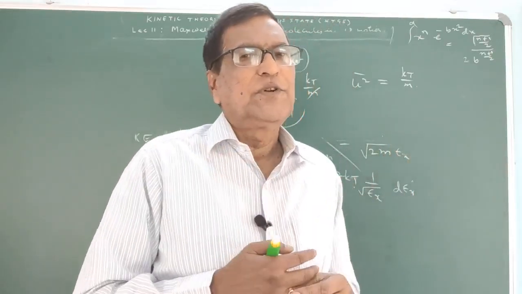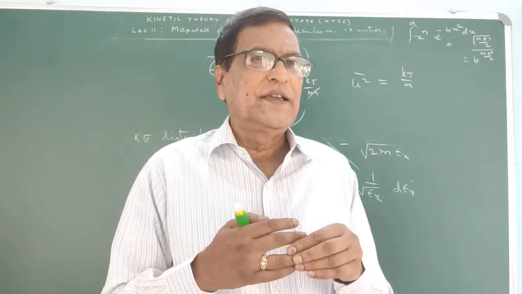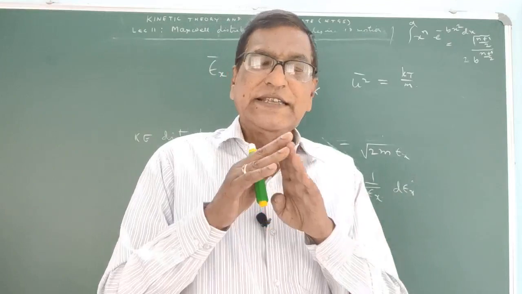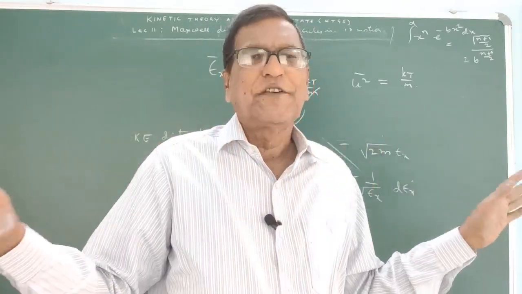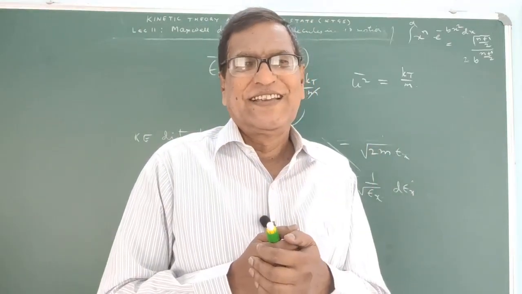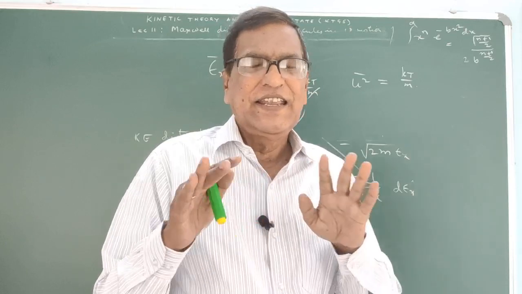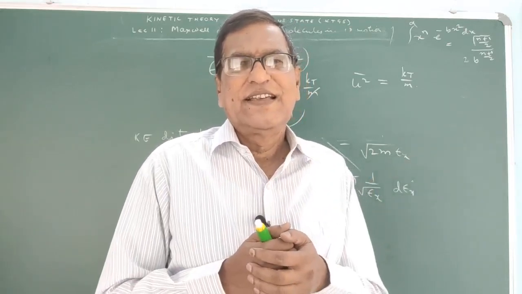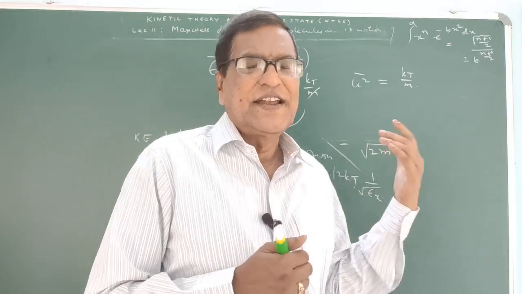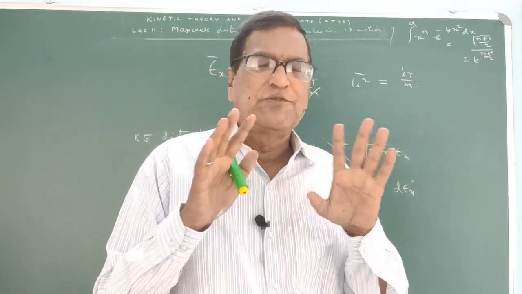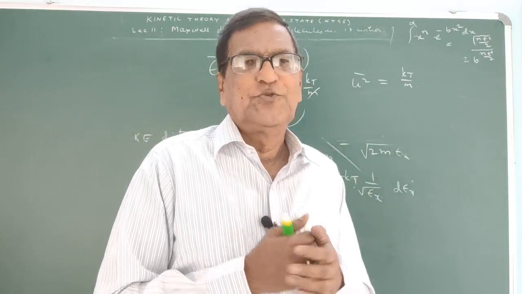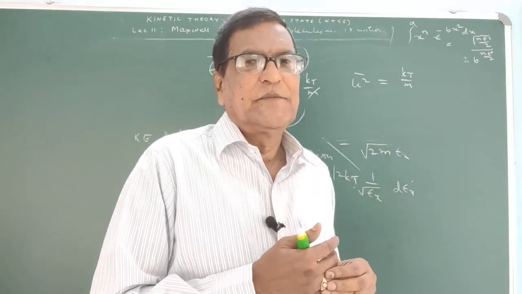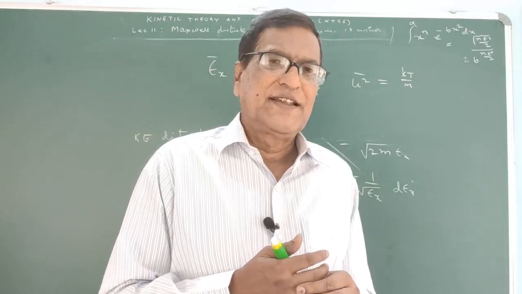In future, I will give a lecture on the law of equipartition of energy: in a particular direction, the average kinetic energy is equal to half kT. We shall see in my next lectures.